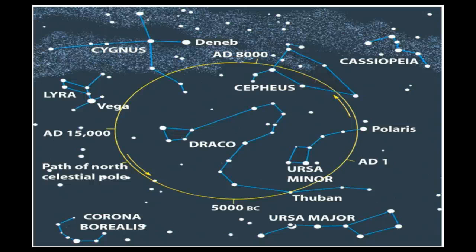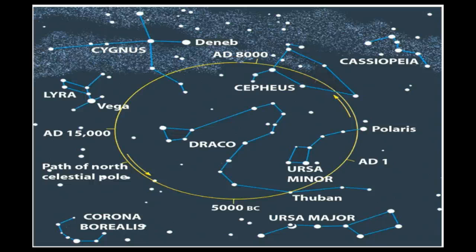Now, presently, the celestial North Pole points to within a degree of what star? That's right, ladies and gentlemen, Polaris, or the North Star. However, in the year 14,000, it will point roughly toward the star Vega, which we'll show you where it is in the sky soon. Write that down.